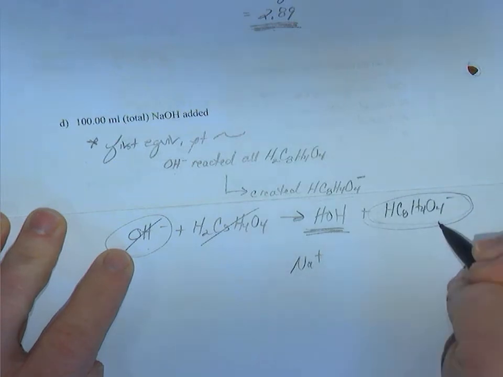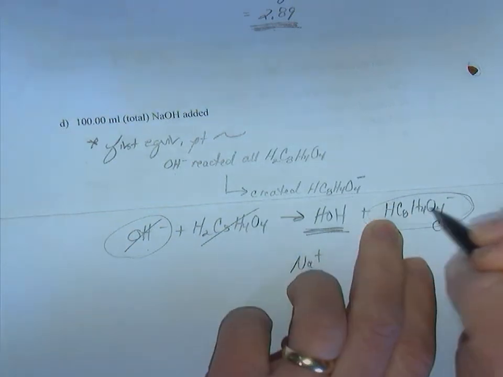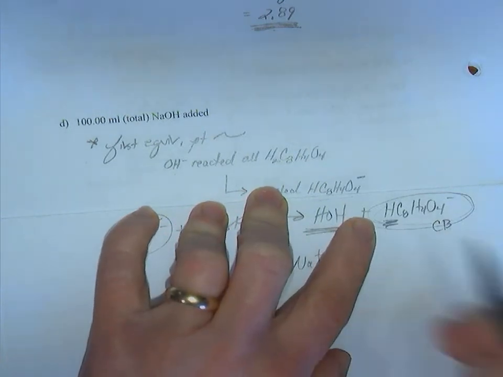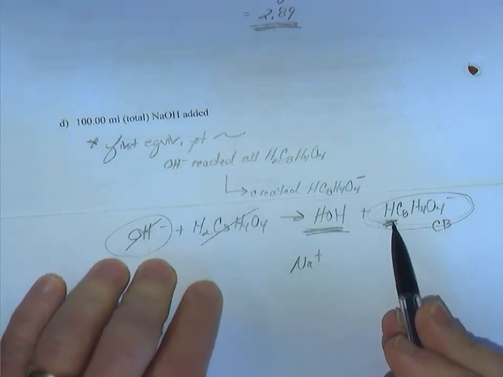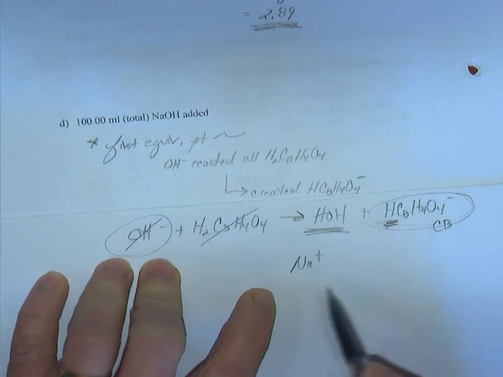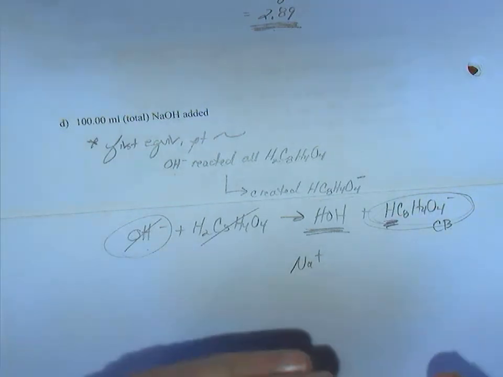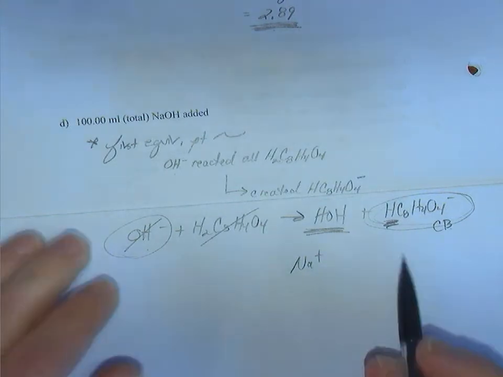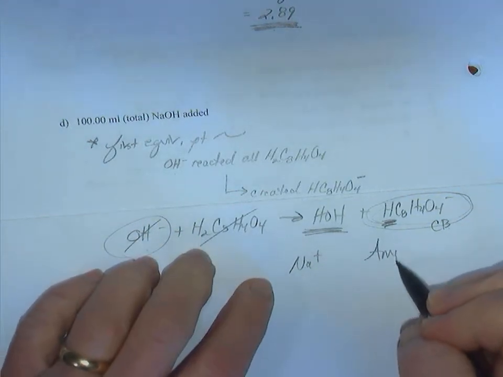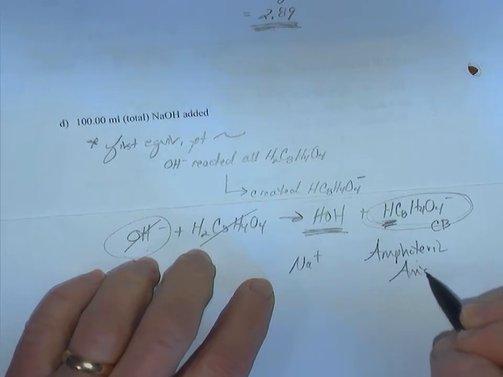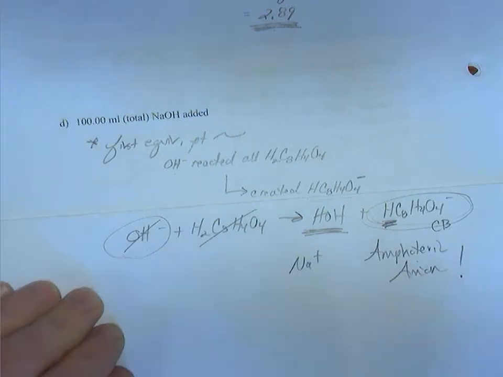And I know we are just going to think, okay, it's going to act as a base. Oh, but it has an ionizable hydrogen. And there is nothing in the environment that's going to force it to just be acid or just be base. So it is going to act as an amphoteric anion. We're going to see both behaviors. So we know how to deal with that.